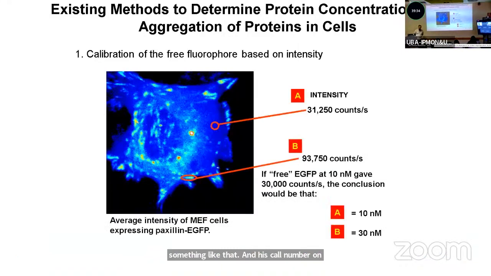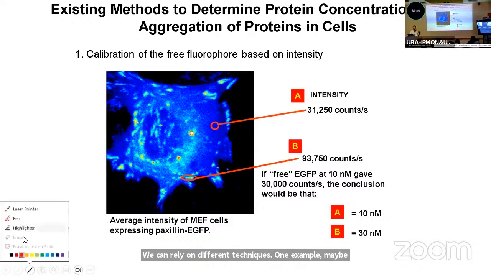And well, if we want to understand what is the concentration in a cell, we can rely on different techniques. One example may be that we have a cell and we can measure the intensity over time, right?